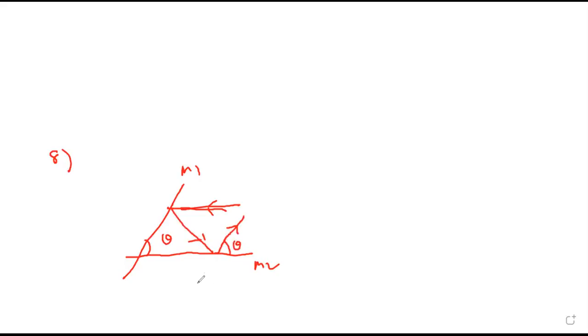This line is a transversal, so this is theta. Now theta, theta, this is theta. If I get this angle, I will get this angle. They are alternate angles.